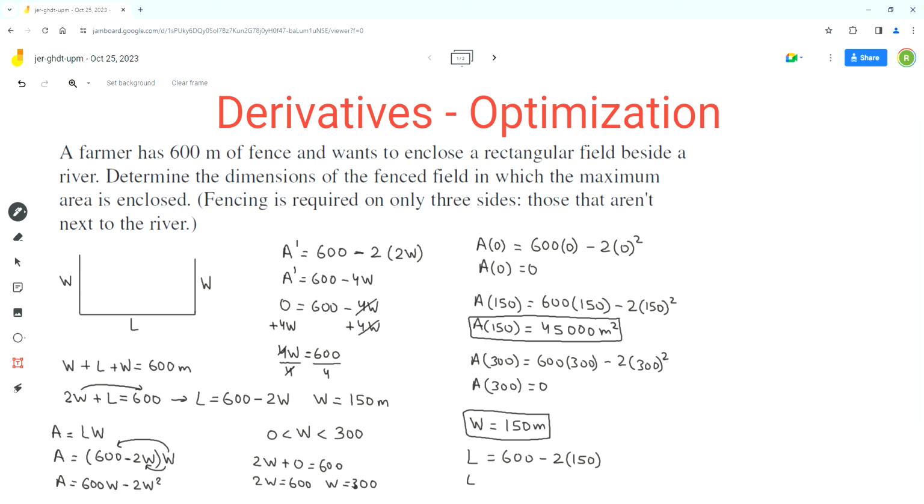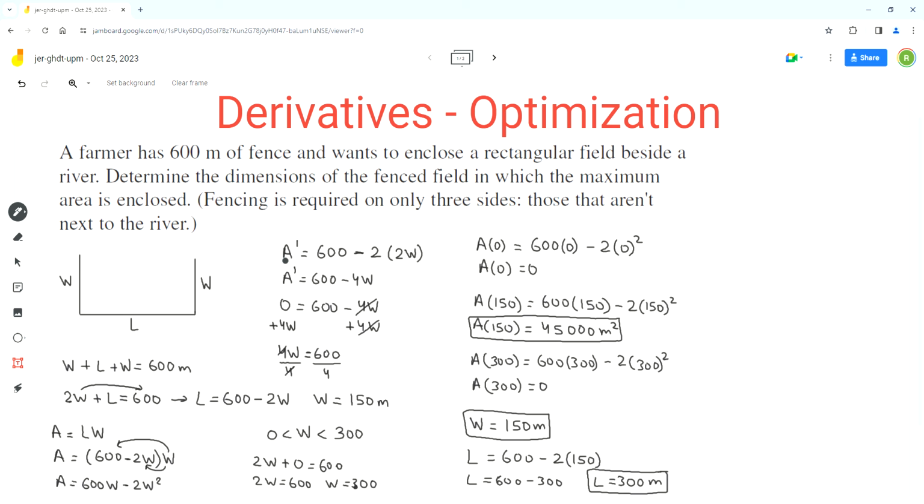So we get L equals 600 minus 300, which is equal to L equals 300, and the unit is meters. So this is the length of the rectangle that will give us the maximum area.